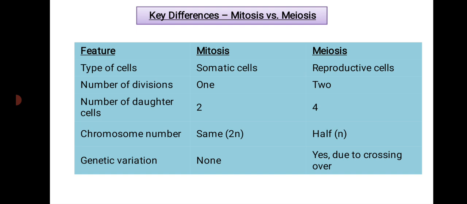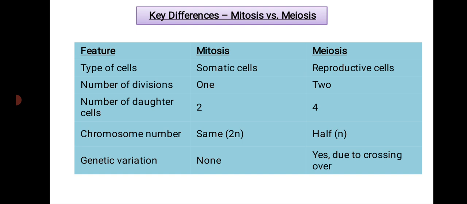And genetic variation: in mitosis, no genetic variation occurs, because mitosis mainly occurs in the body cells and is not related to genetic modifications. Whereas meiosis mainly occurs in the germ cells or reproductive cells, so crossing over mainly occurs in meiosis.